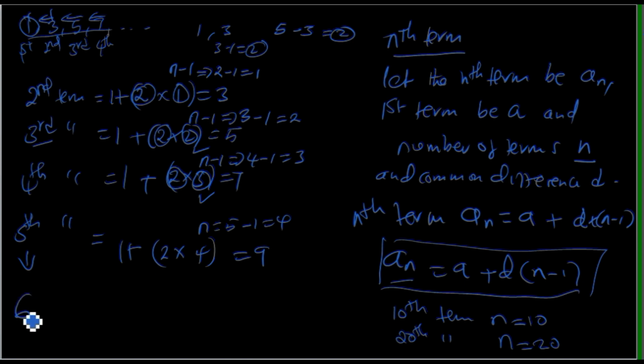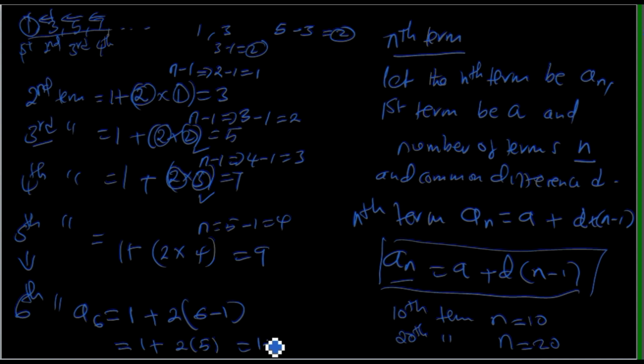You can get the 6th term. Let's see if it will give us 11. So the 6th term in our sequence above should give us what? A, which is 1. We said A is our first term. Add 2. Common difference is 2. And then 6th term means the number of terms is 6. Subtract 1, which is 5. Add 2 times 5, which is 1 plus 10, gives you 11.